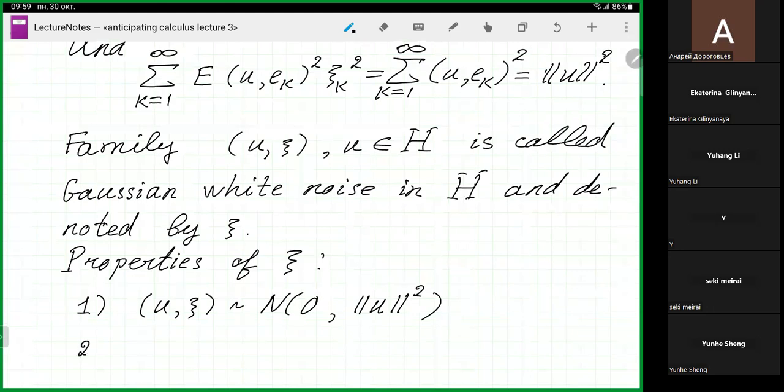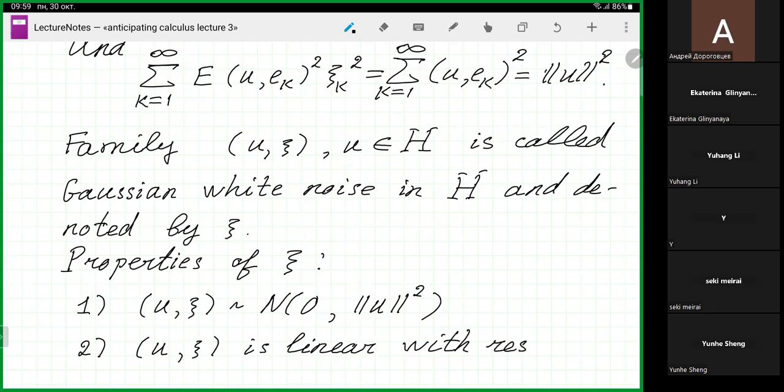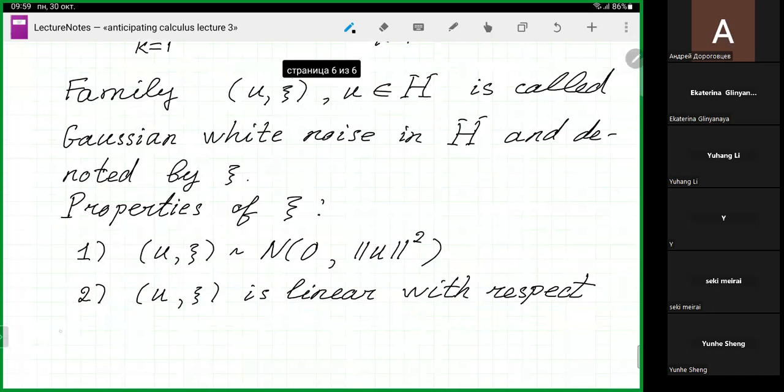The second property: u psi is linear with respect to u.